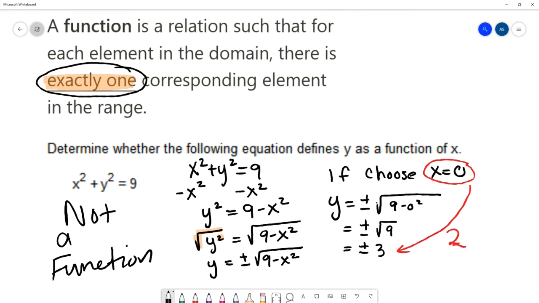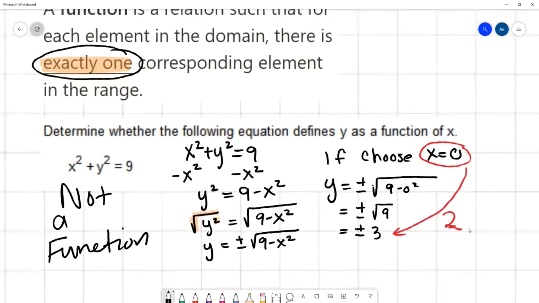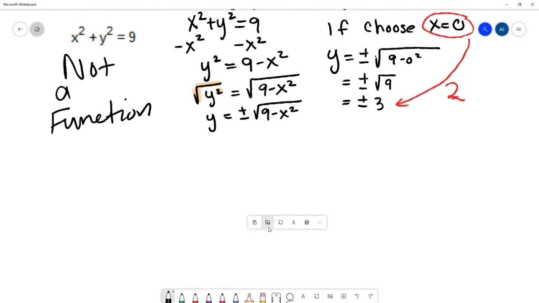So that's just one particular example, but what I have here is just a summary for us to take a look at for questions that are like this.